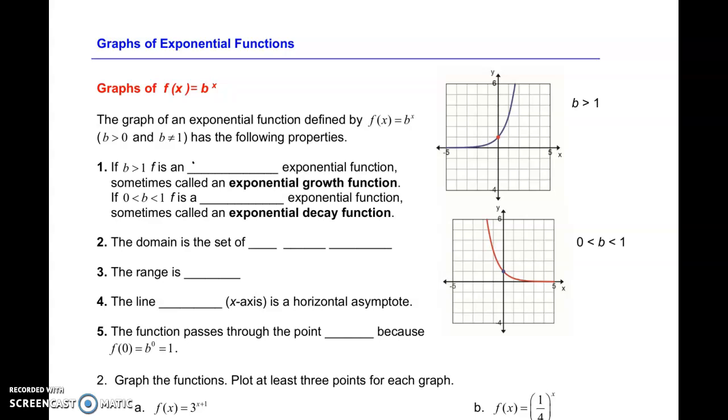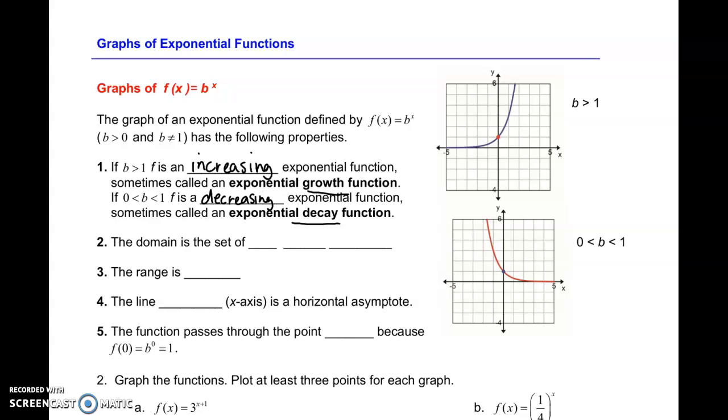So if the base is greater than 1, then it's increasing, because the line is going upward from left to right. If the base is between 0 and 1, then it's called a decreasing exponential function. The line starts from high, and then from left to right, it starts to go down. When it's increasing, it's called exponential growth, and when it's decreasing, it's called exponential decay.